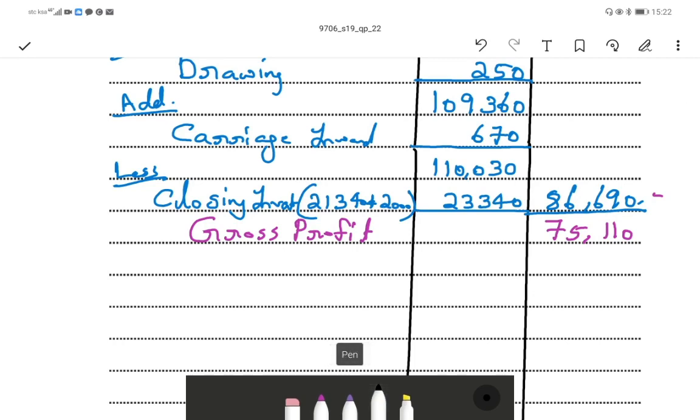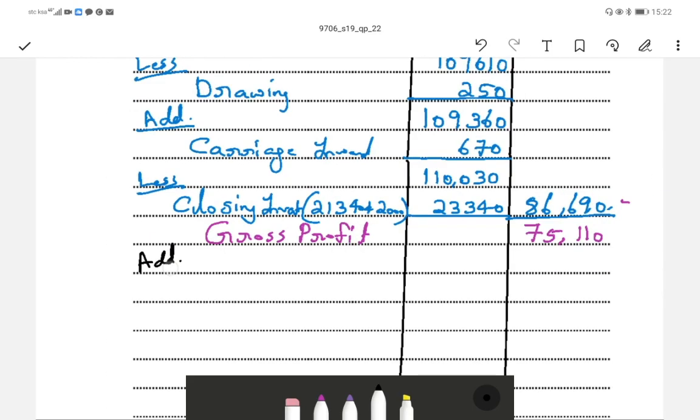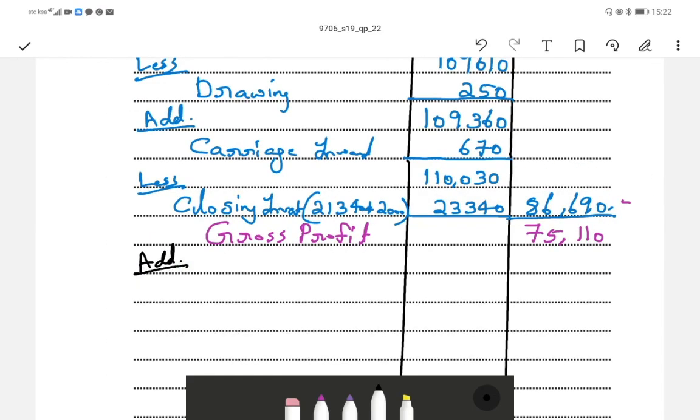So in the business we write, add other income, that means decrease in provision. You can put in the bracket also 2,850 minus 2,200.